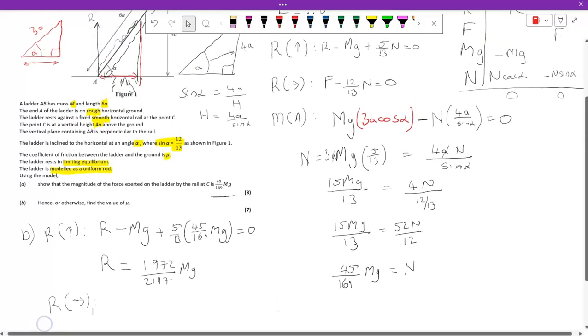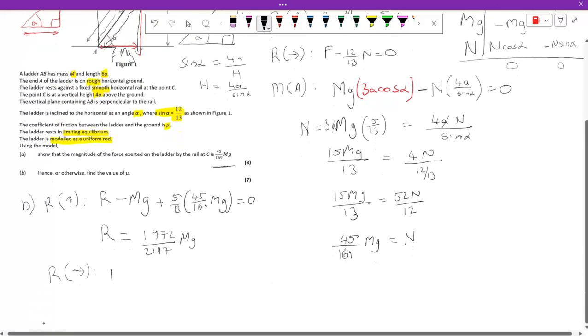Great. And if I take my value of N and sub it into my horizontal equation, I knew from my horizontal that F was equal to 12 over 13 N, where N is 45 over 169 mg.